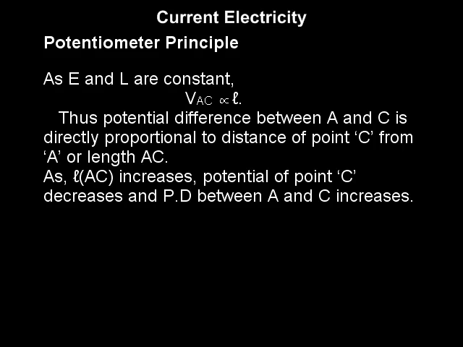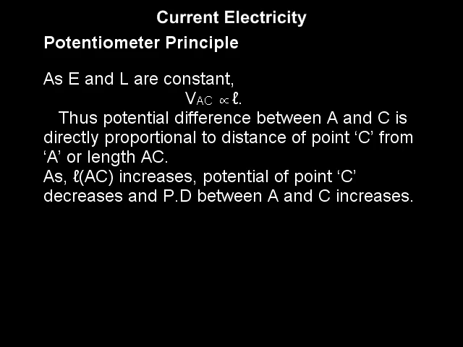As E and L are constant, VAC is proportional to small l. Thus, potential difference between A and C is directly proportional to distance of point C from A, or length AC.